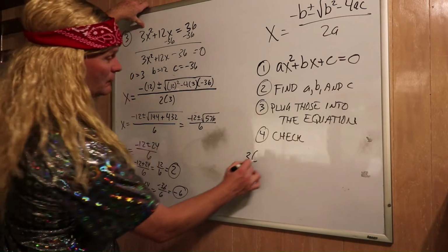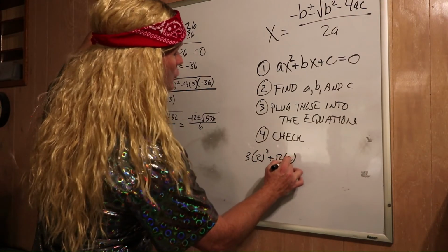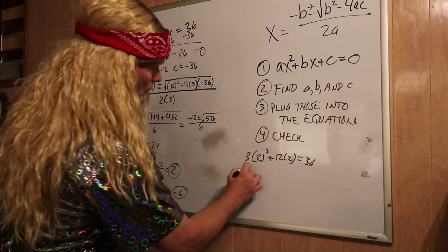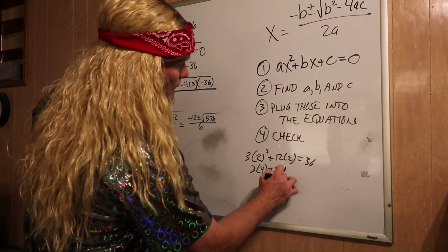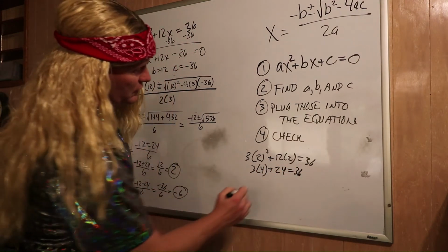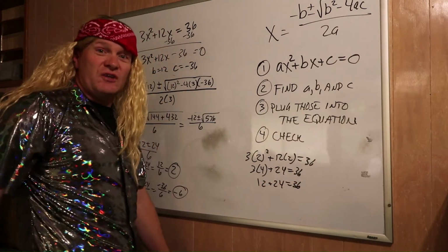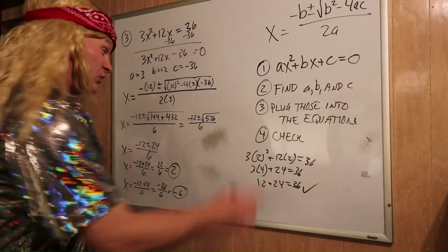3 times 2 squared plus 12 times 2 should equal 36. 2 squared is 4. 12 times 2 is 24. See, 3 times 4 is 12, plus 24. Does that equal 36? Yeah! Got that one. Let's check negative 6.